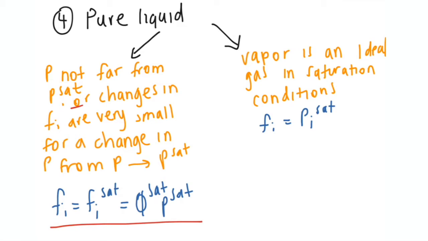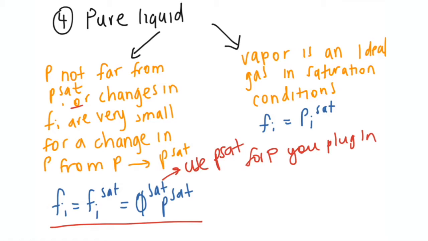Okay? So fugacity of species i is equal to fugacity of species i saturated, which is your fugacity coefficient times your saturation pressure. And again, remember here you need to use Psat. When I gave you the equation for the activity coefficient before, make sure the pressure you're plugging in is Psat.